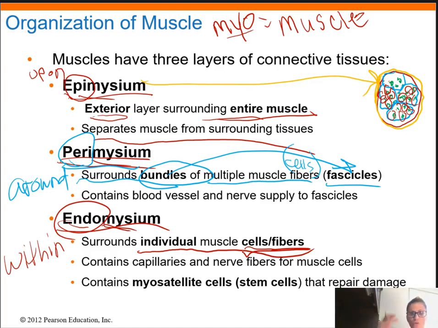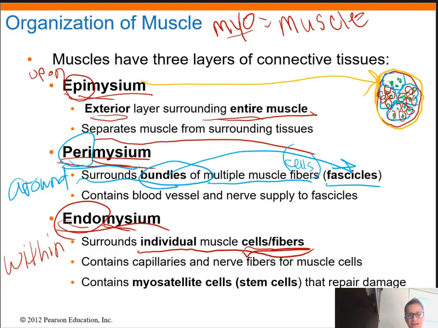Okay? So we've got the epimysium around the whole big muscle, and then the perimysium goes in and it surrounds little groups of muscle fibers, and then the endomysium goes in and it goes around each individual muscle fiber. Now, these layers of connective tissue, they have blood vessels and nerves that run along them.